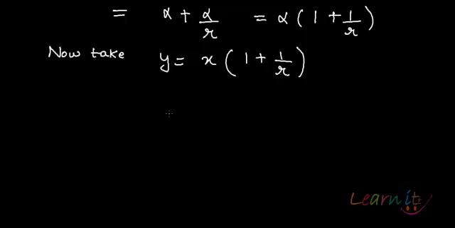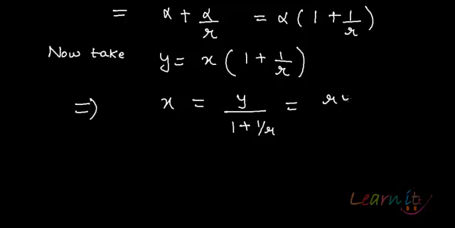Hence I am taking y equals x into 1 plus 1 upon r, and x becomes y upon 1 plus 1 by r, which is nothing but r y upon r plus 1, right?